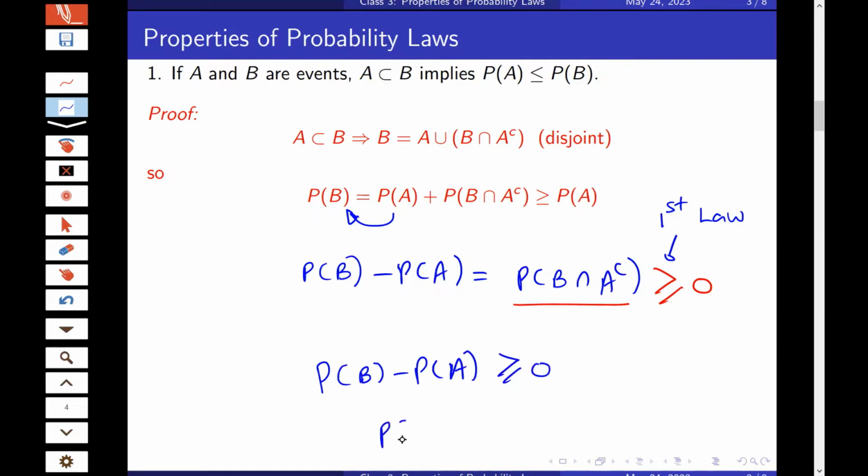Now I can bring this P(A) to the other side. That completes the proof.